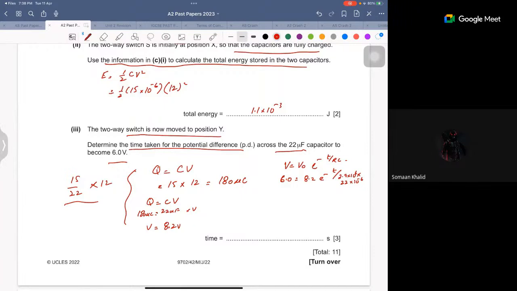Can you find this, please? If you don't know how to do this, take ln, and on the other side, this will be minus t over 2.7 times 10 raised to 6, multiplied by 22 times 10 raised to minus 6, and multiplied by ln e. ln e is just 1. What do you get then for time?